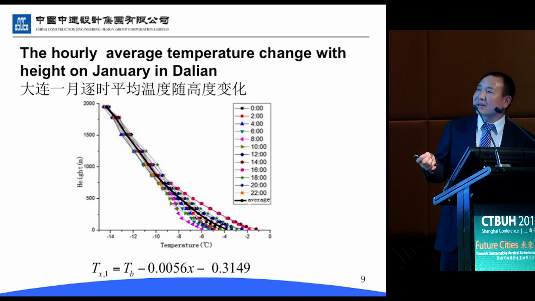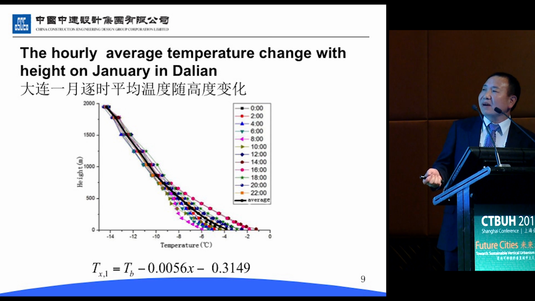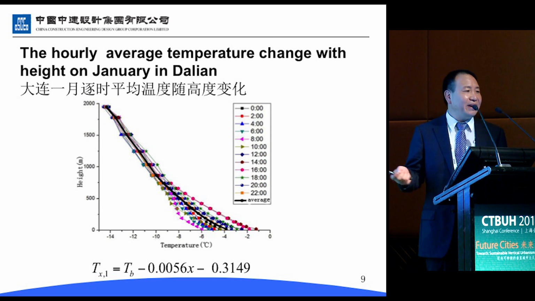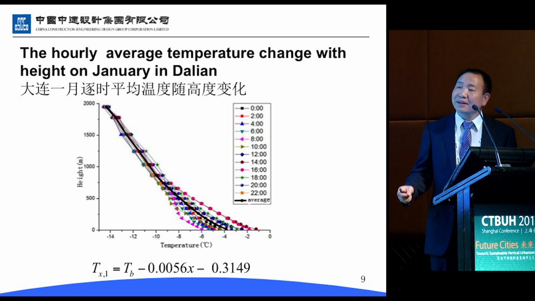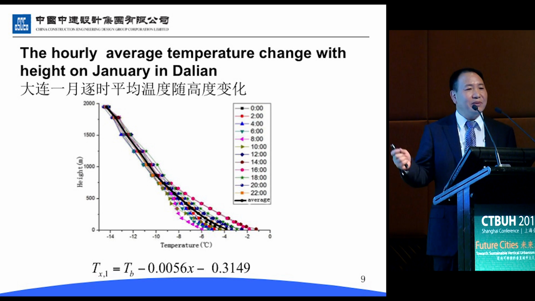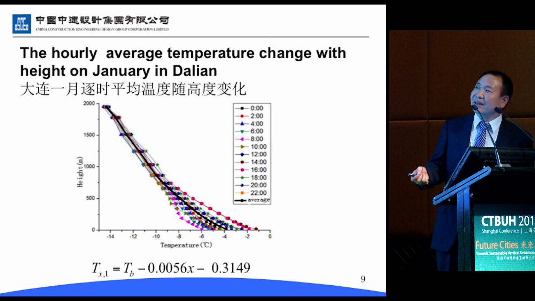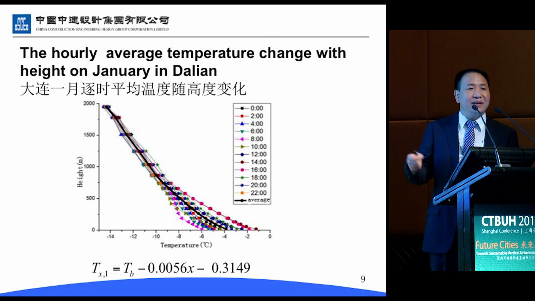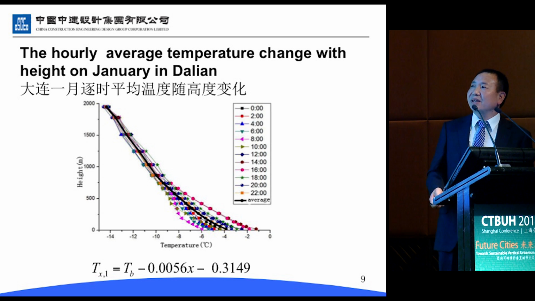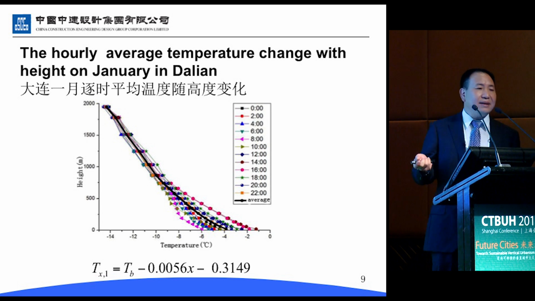So for every day, every hour, you can see the temperature change over different height, all the way from ground level to about 1,000 meter or 2,000 meter. Now, this is pretty much as predicted, about 0.5 Celsius change every 100 meter elevation. And through the model, through the calculation, it differs a little bit.